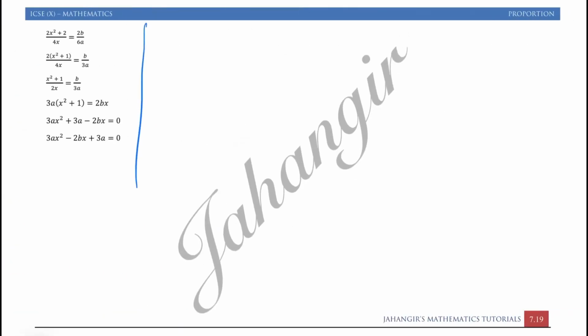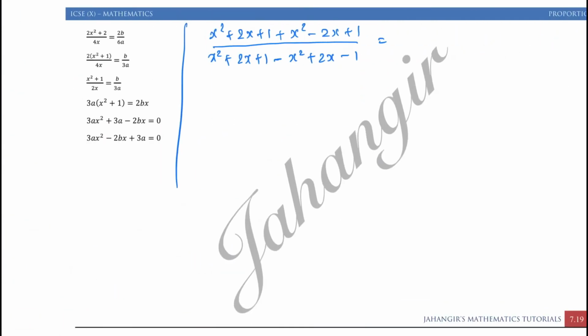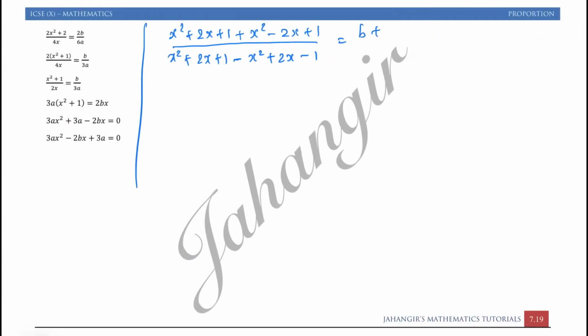So I can write x square plus 2x plus 1 plus x square minus 2x plus 1, whole upon x square plus 2x plus 1 minus x square minus minus plus 2x minus 1, that is equal to b plus 3a plus b minus 3a, whole upon b plus 3a, here I have to write minus minus.